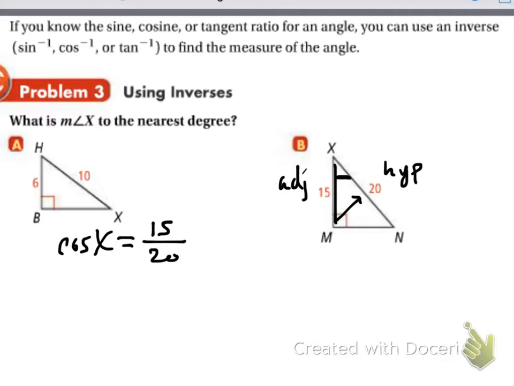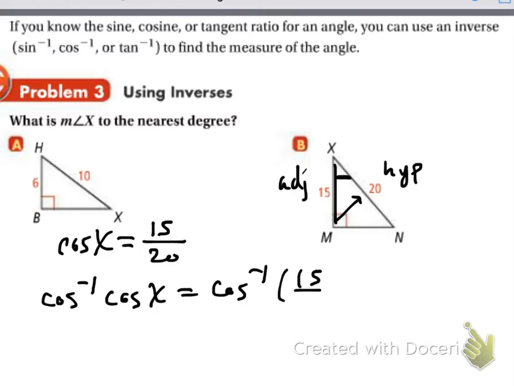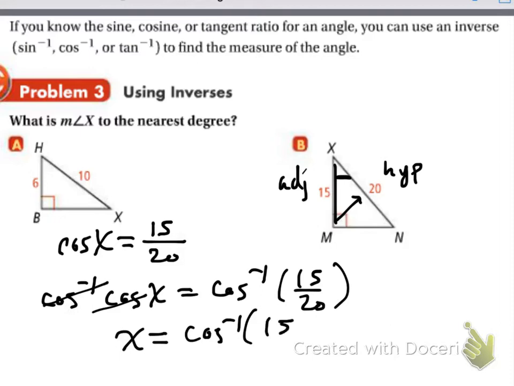Alright, so got to get x by itself, so we're going to multiply both sides by the inverse cosine. Alright, so that cancels, so I'm left with x equaling the inverse cosine of 15 over 20.